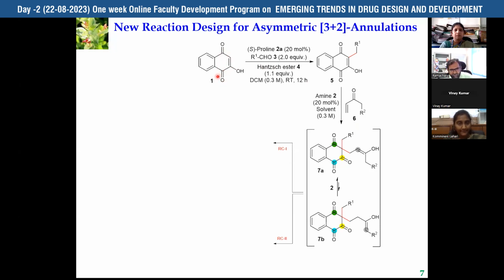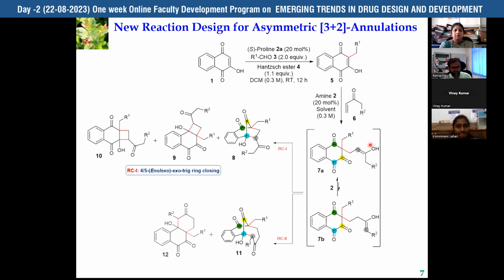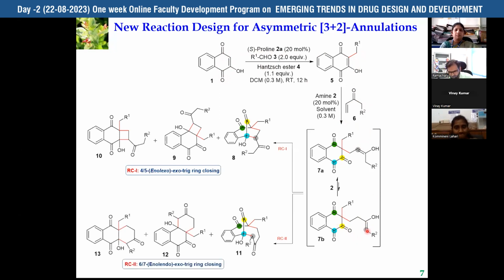If this ketone is not there, and you have a 1,3-diketone, then you introduce the alkyl group, then you have a methyl ketone, and that will go through Michael addition followed by cyclization. So like this, from here, this carbonyl reacts to form this kind of species. That is the Robinson annulation.